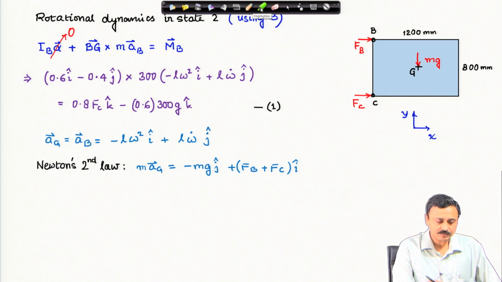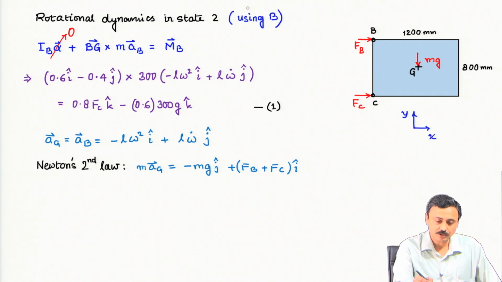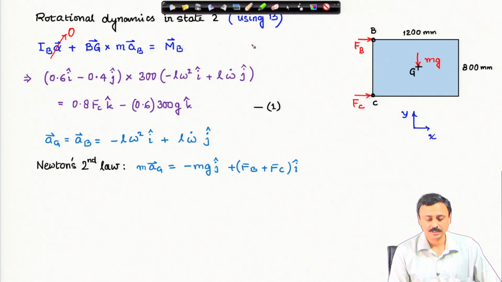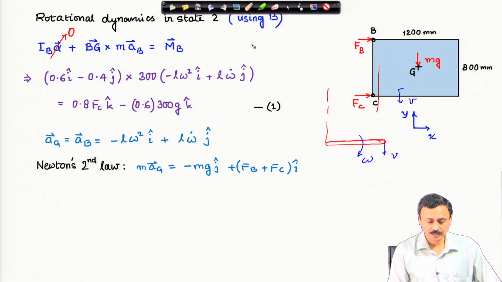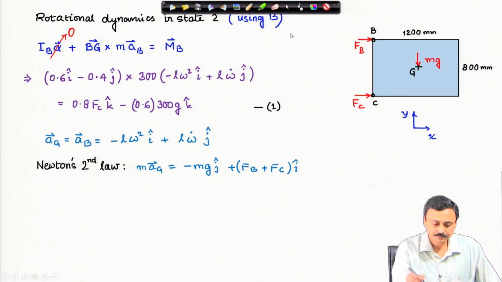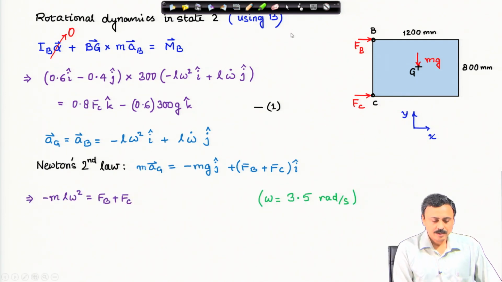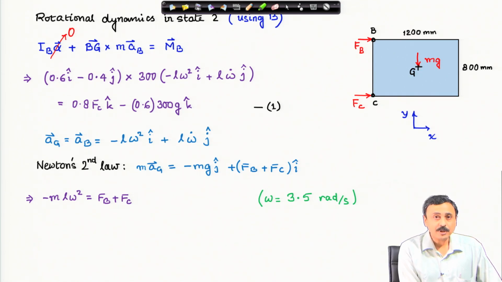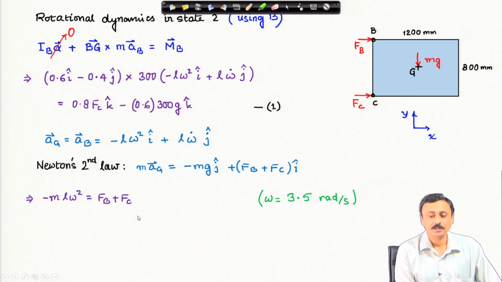If I put in the expression of acceleration of G, which is same as acceleration of B, into this equation on the left hand side, and look at the terms, the I cap equation gives me minus m L omega square is the sum of the two forces, hinge forces.